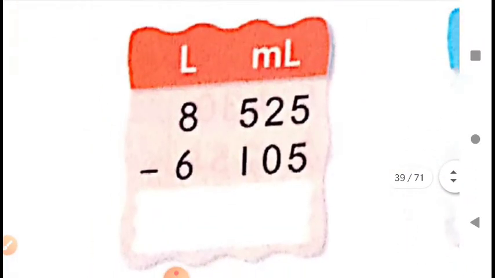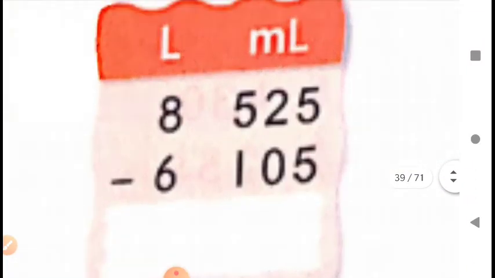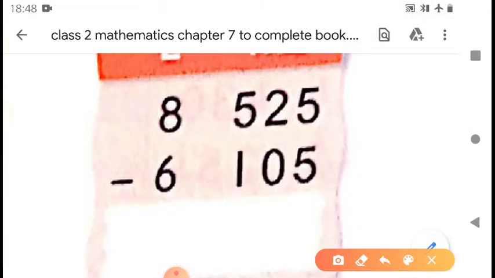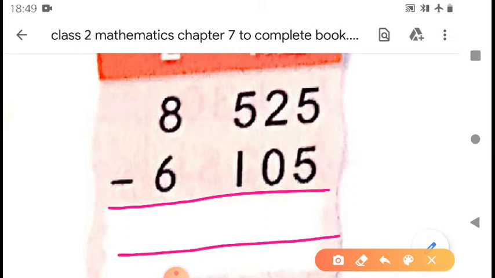Next is, this involves liter and milliliter both. 8 liter 525 milliliter minus 6 liter 105 milliliter. First we subtract the milliliters.